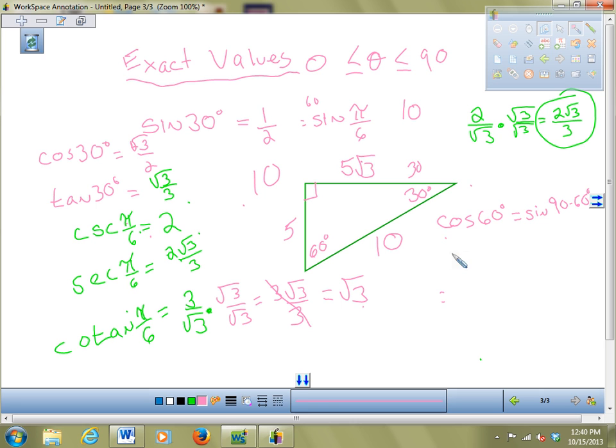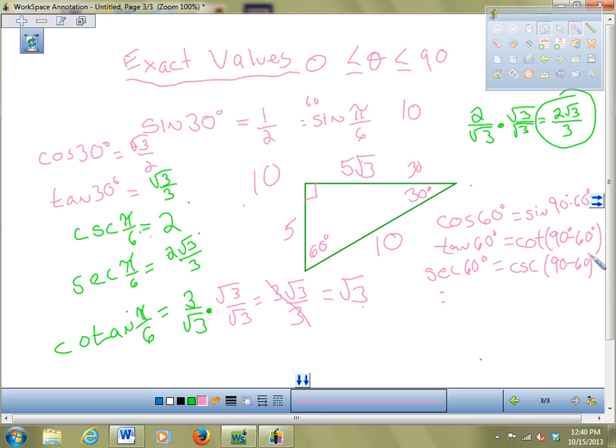And the tangent of 60 is the same as the cotangent of 90 minus 60 degrees. And the secant of 60 is the same as the cosecant of 90 minus 60.